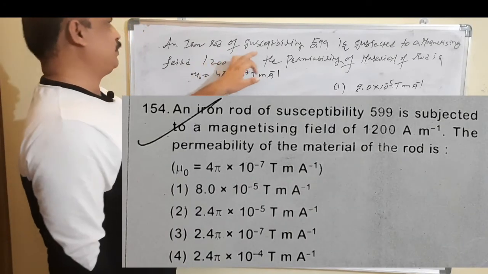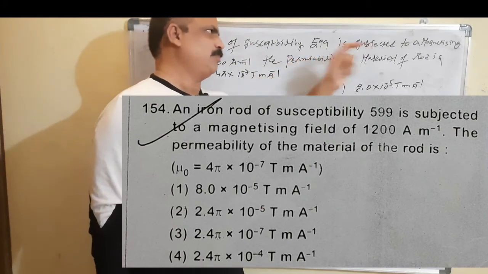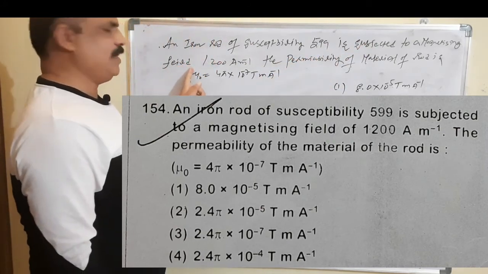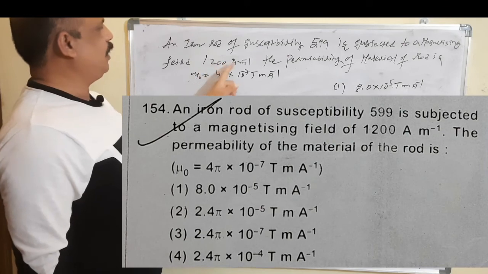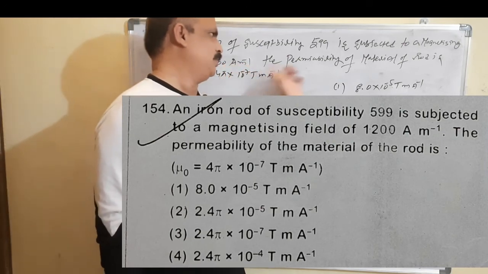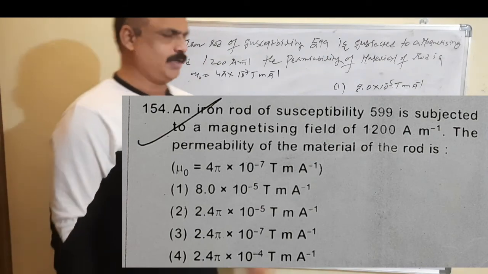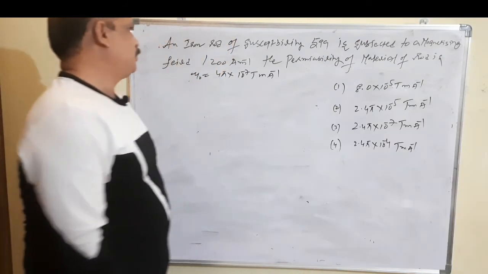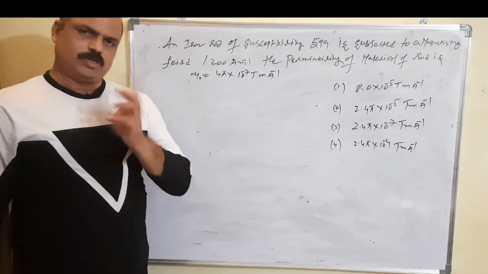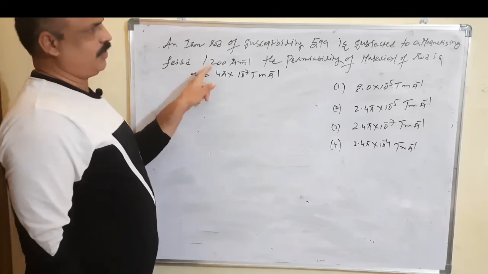Let us discuss another question. An iron rod of susceptibility 599 is subjected to a magnetizing field of 1200 ampere per meter. The permeability of the material of the rod is which of the following? So here there is no use of this value.